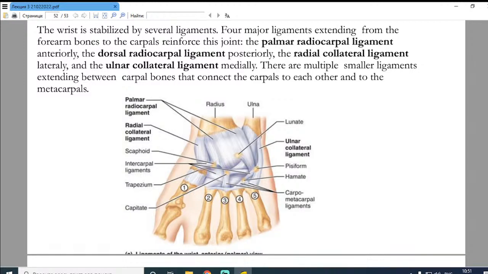There are multiple small ligaments extending between carpal bones that connect the carpals to each other and to the metacarpals.